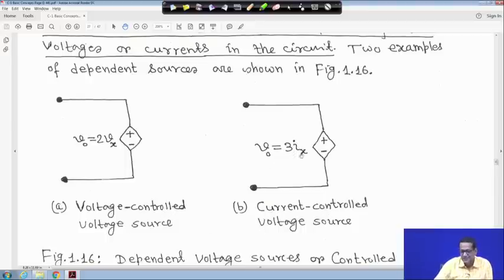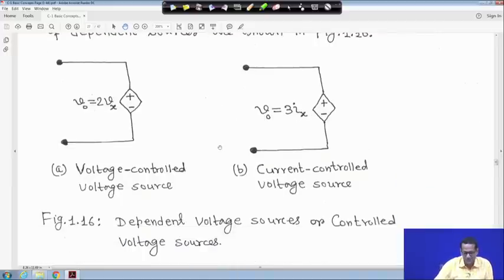So these are dependent sources, where V0 is equal to 2 Vx or V0 is equal to 3 Ix. That means V0 may be a function of voltage or of current. When it is a function of voltage, it is called a voltage controlled voltage source. When it is a function of current, it is called a current controlled voltage source. I hope this is simple and understandable to you.